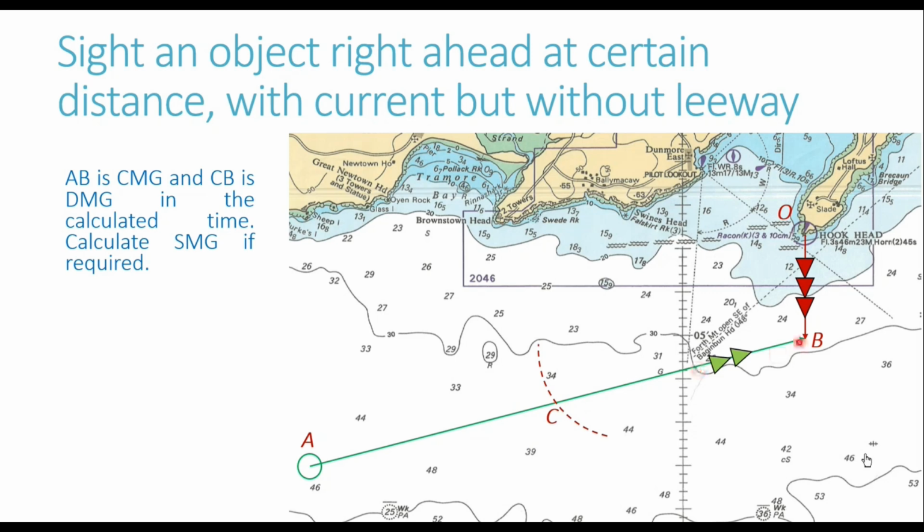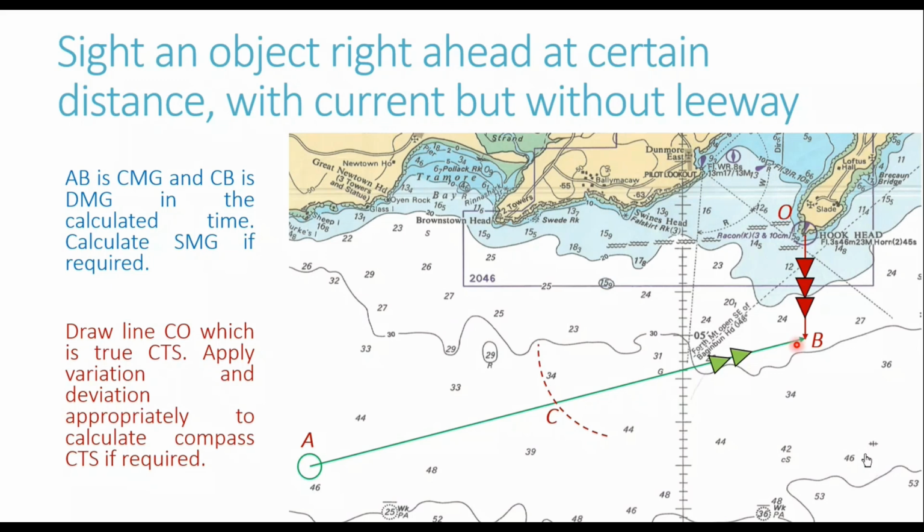Now Charlie to Bravo, CB, is the distance made good in the calculated time, the time for which we drew the current vector, the time in which we will be covering up the distance at which we are required to sight the light right ahead. So this Charlie Bravo is the distance made good for that particular time.